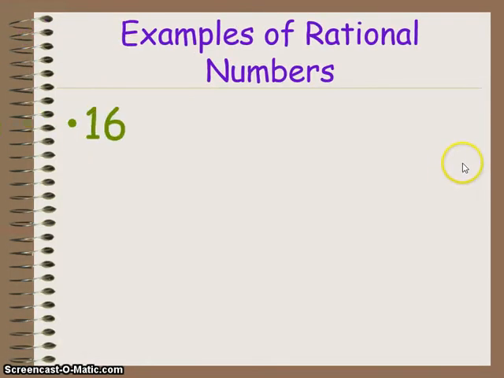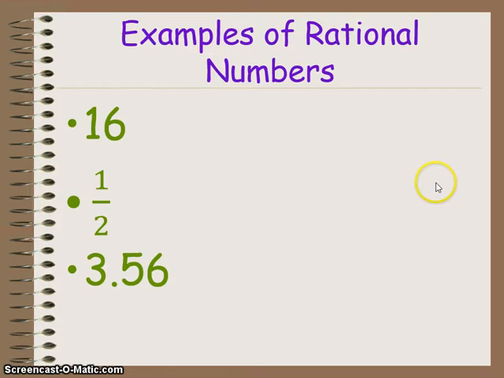So here are some examples of rational numbers. 16 is a rational number because it's an integer. 1/2 is a rational number because it's a fraction. 3.56 is a rational number because it terminates, it stops. The square root of 16 is a rational number because it's a perfect square root.